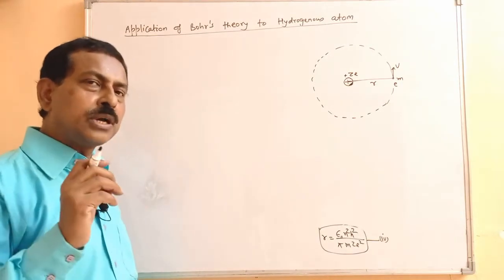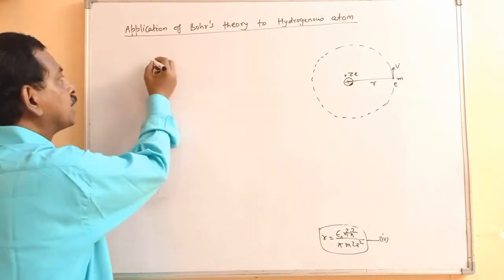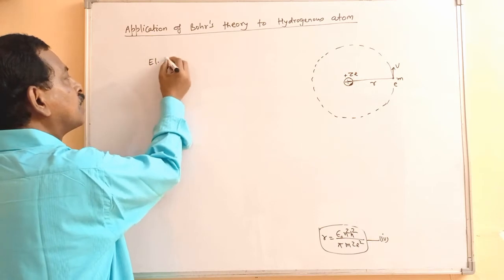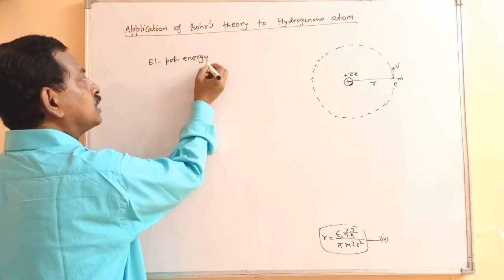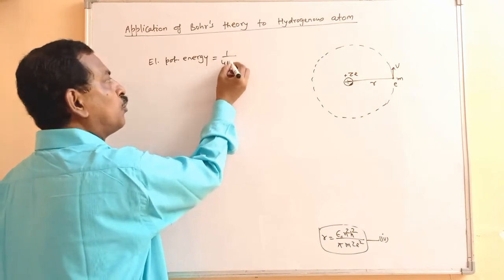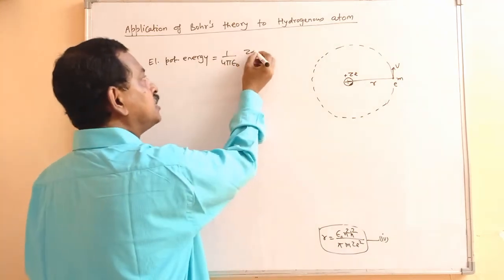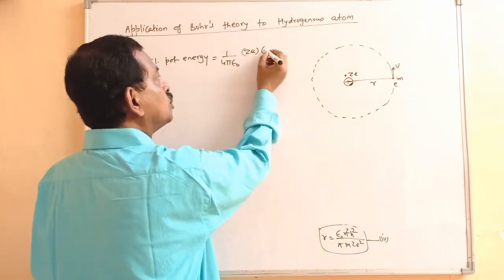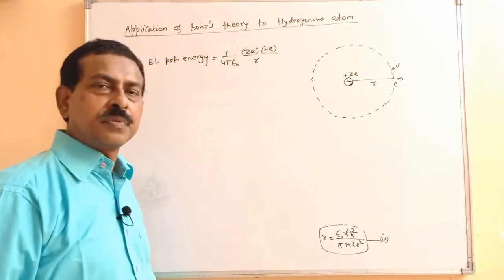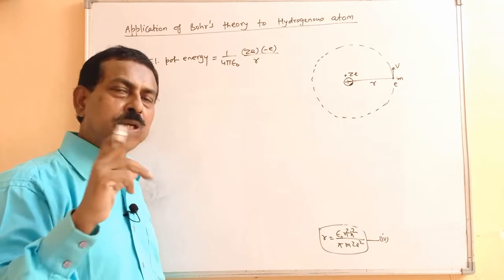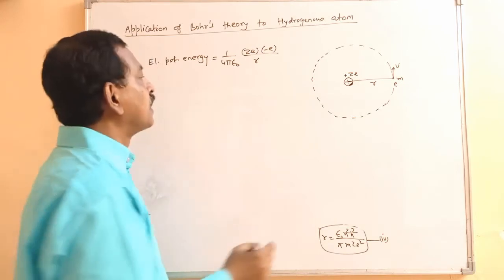For the expression for energy, if you take electrostatic potential energy, this is 1 by 4 pi epsilon naught Ze into minus e divided by r, just like 1 by 4 pi epsilon naught Q1 Q2 by r.